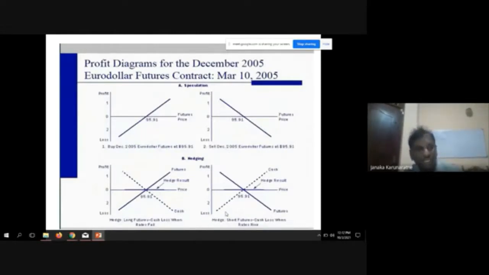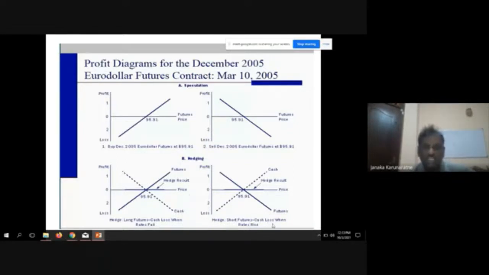But in the cash market, the price will come down, so you end up with a loss. So the futures position gain will be offset by the cash market loss. Okay. So this is how an exact hedge will take place.